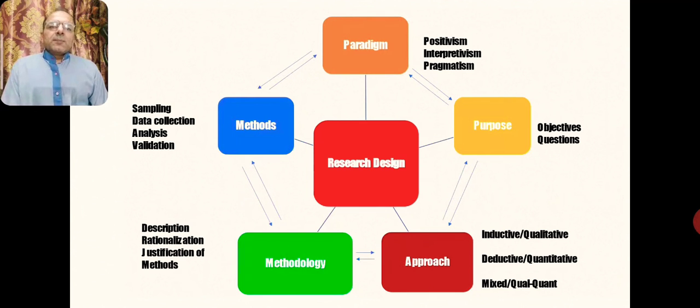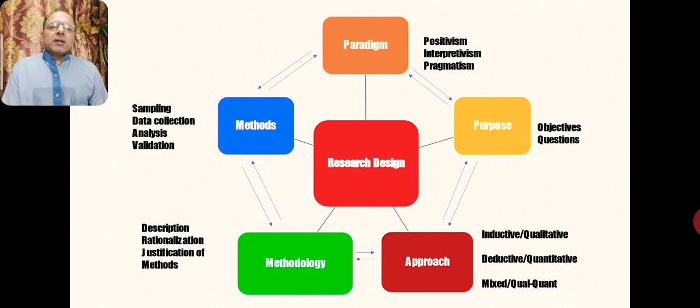Now there might be other considerations as well in practical terms when we are conducting research. But let's discuss these important aspects of the research design briefly, one by one.